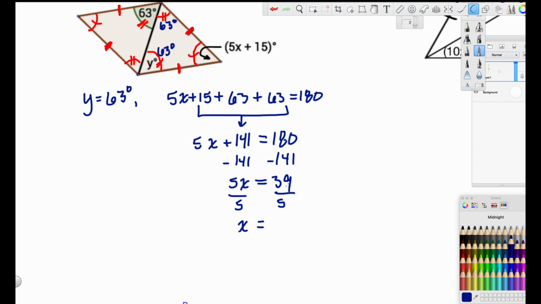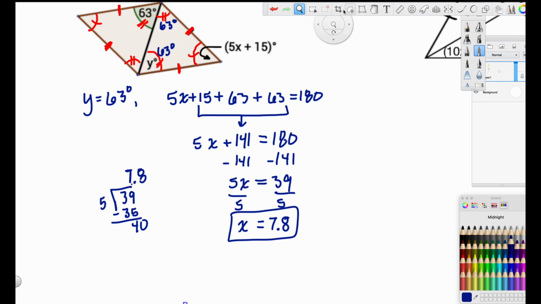So we could say either 39 over 5, or let's see, what would the decimal be for this? 5 times 7 is 35, 5 times 8 is 40, so it would be 7.8 would be our answer. Okay, that's x, and this is y.